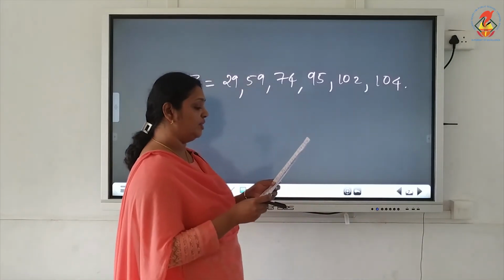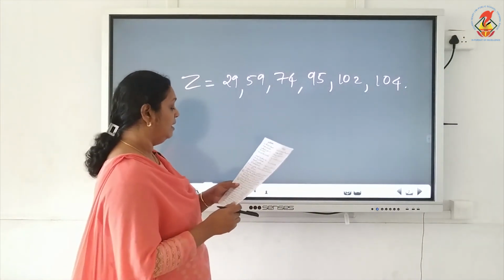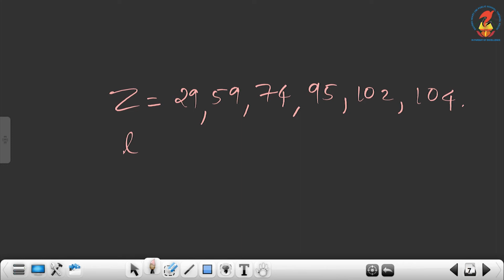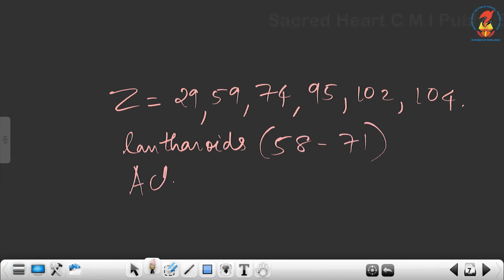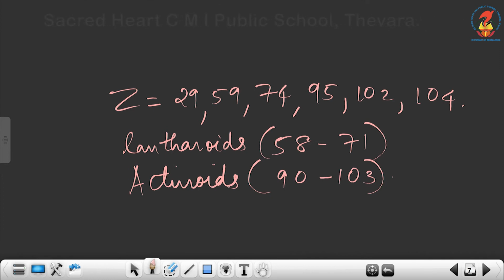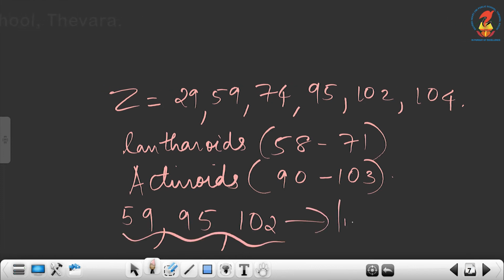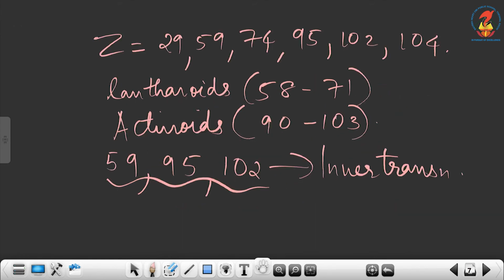Inner transition elements means lanthanoids and actinoids. Lanthanoids have atomic numbers from 58 to 71, and actinoids from 90 to 103. So the inner transition elements are 59, 95 and 102.